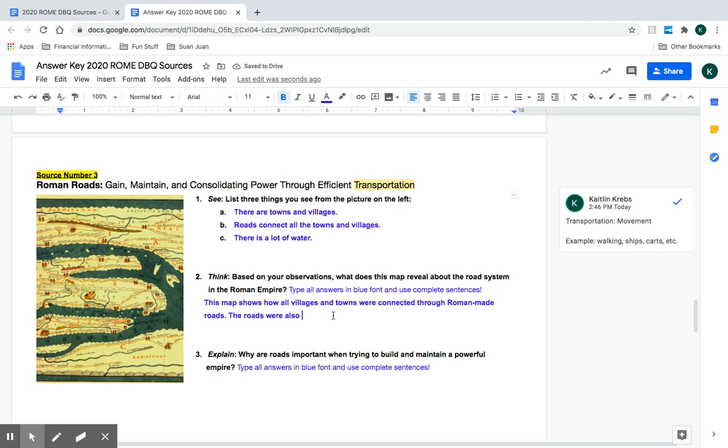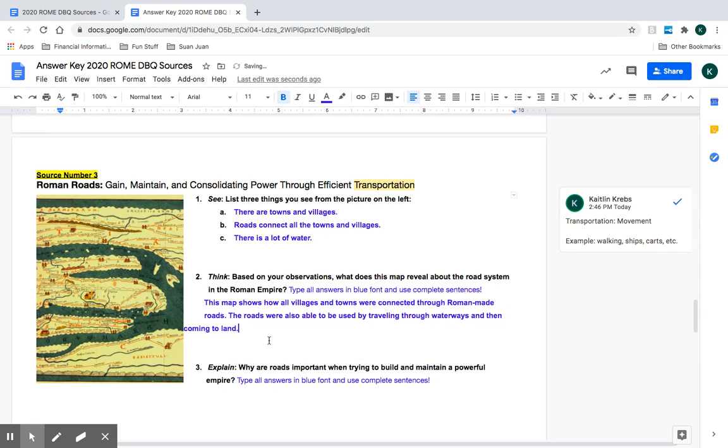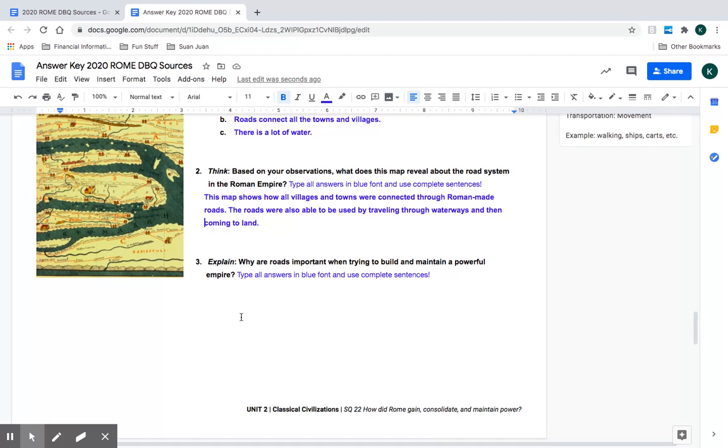The roads were also able to be used by traveling through waterways and then coming to land, right? So if I look at what I am seeing here, you guys, if I'm sailing along here, I can land and hop onto a road, and I can use this combination of water and land to get to where I want to go. Now, why are roads important when trying to build and maintain a powerful empire?